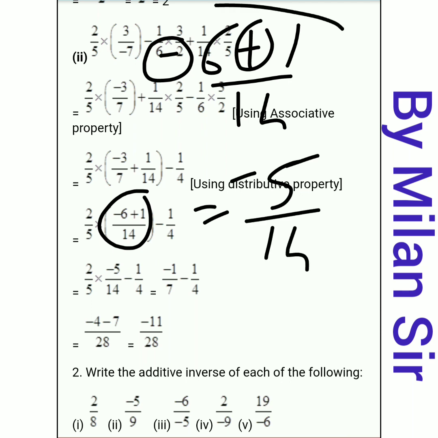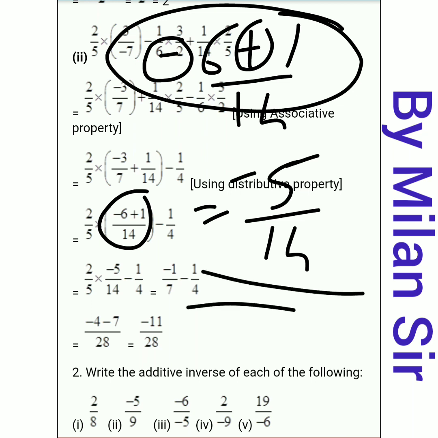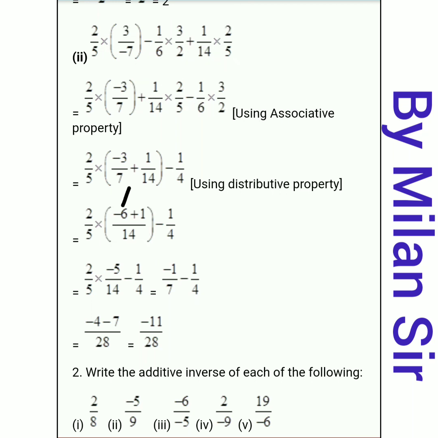So the answer of our bracket is minus 5 upon 14. Okay, so that is written here: our 2 by 5 as it is, and the last term minus 1 by 4 as it is. Now our bracket is converted into a single term, that's why the bracket is not needed here. You can use it. If you do not use it, it is still right.